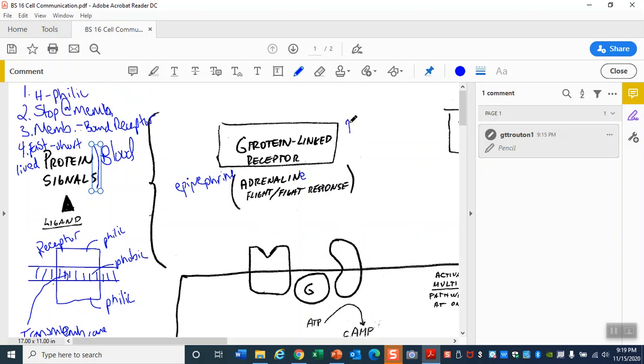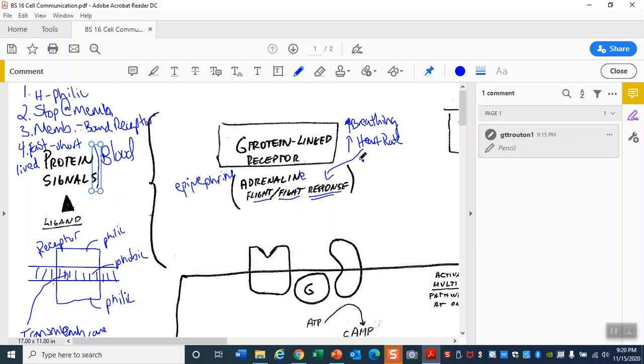Some of these involve an increased breathing rate and increased heart rate. Your pupils dilate, and a variety of other things happen. The increased heart rate is because you need energy to respond. You need energy to flee, or you need energy to fight, right?